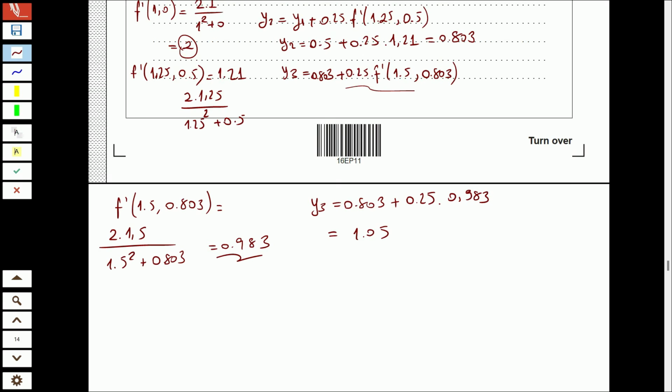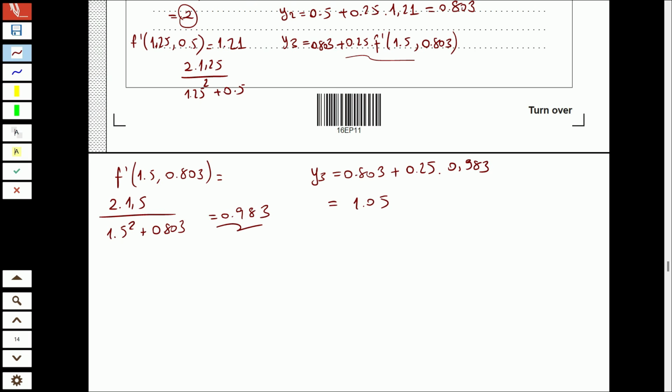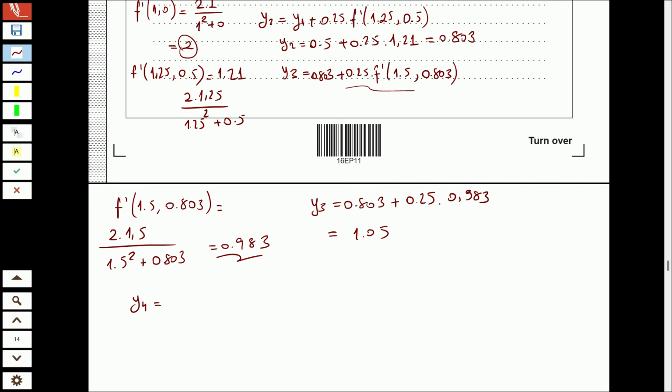For the next value, y sub 4 equals y sub 3, the value here, plus step length times f prime at the point 1.75, the next x value, and 1.05. So I will first find f prime at the point 1.75 and 1.05.